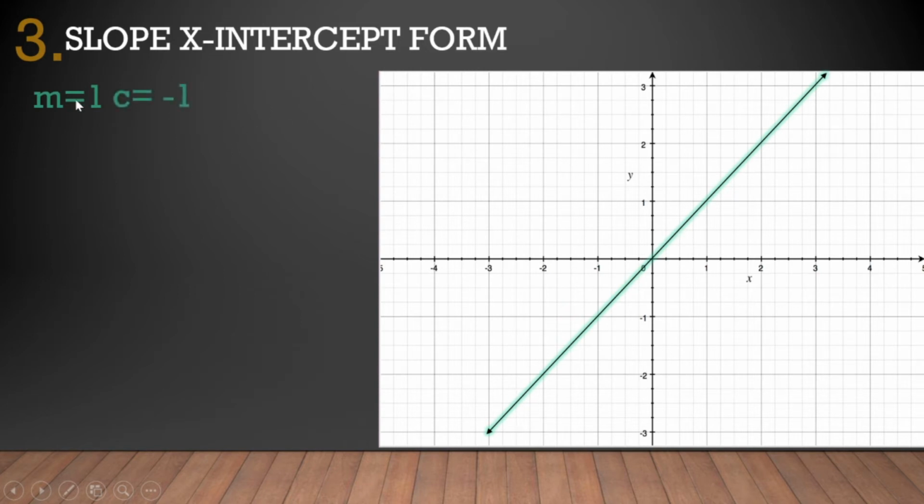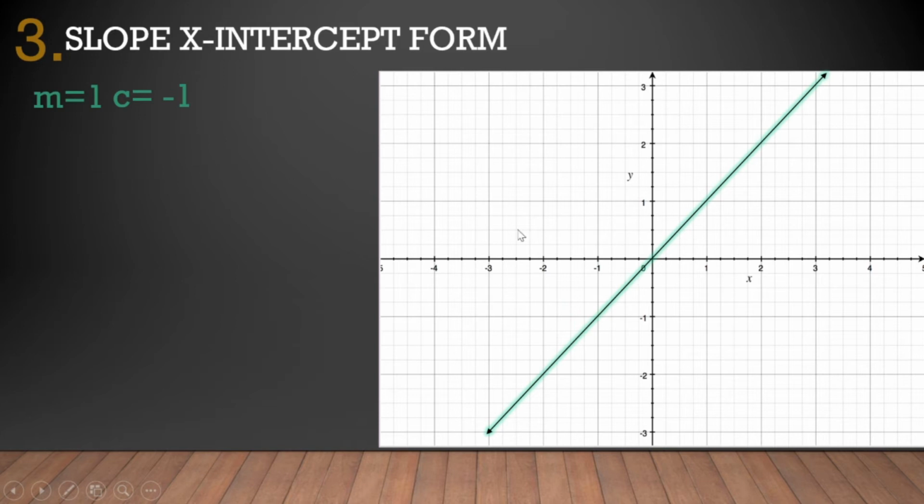But if you have been given the y-intercept as -1, that means the line does not pass through the origin, because it makes a y-intercept of -1. Intercept means a piece of something. So the y-intercept c equals -1 means the line makes a piece of the y-axis as -1.